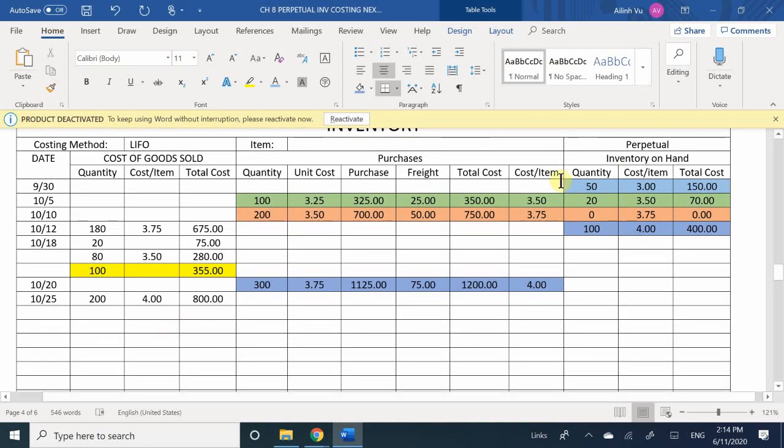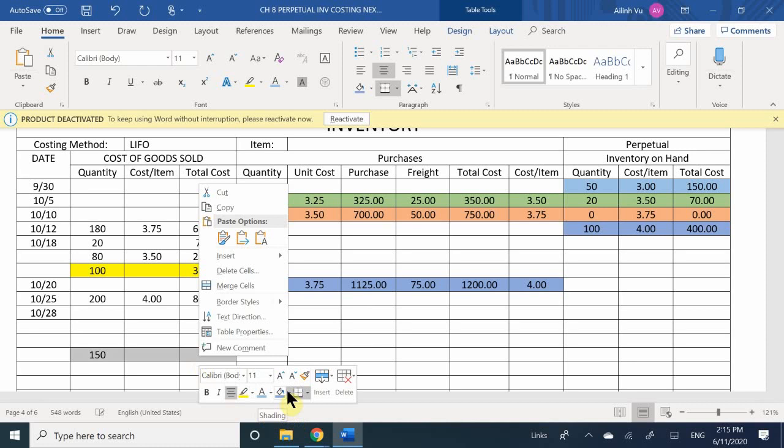If we look here, we're going to have to dip into all three tabs, because we got 100 here, we got 20 here, and we got 50 here. So our total that we're going to be selling is for the 28th. We need to get a grand total of 150.